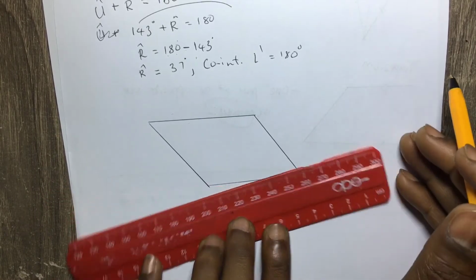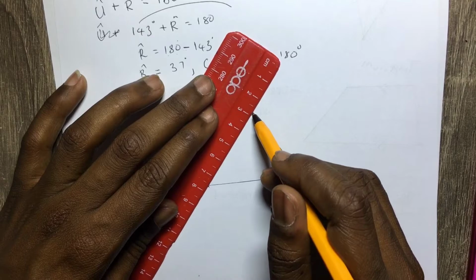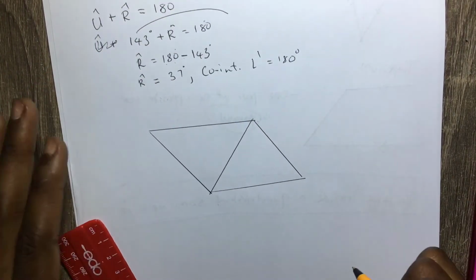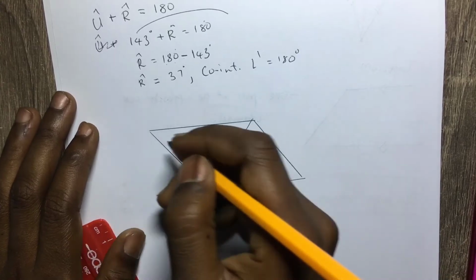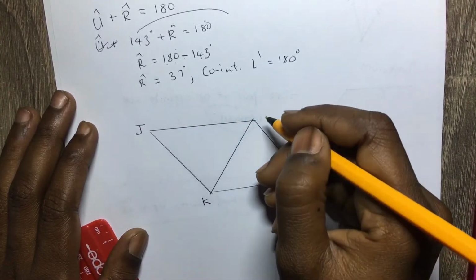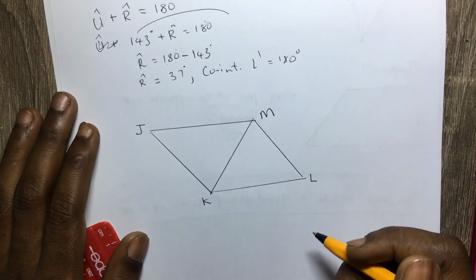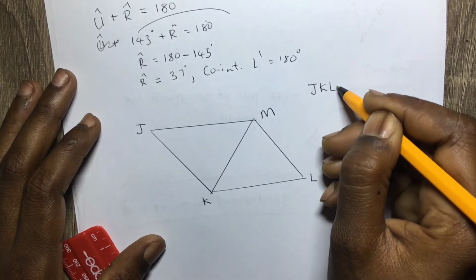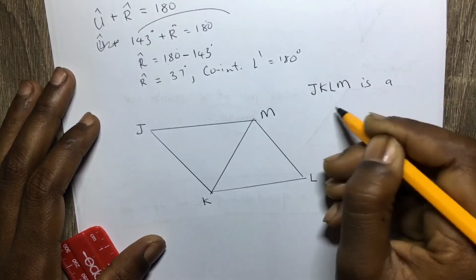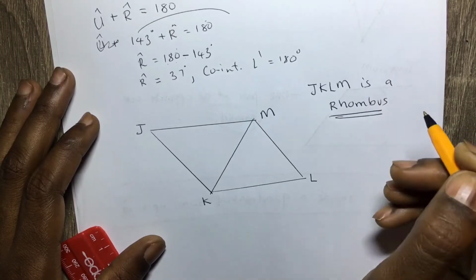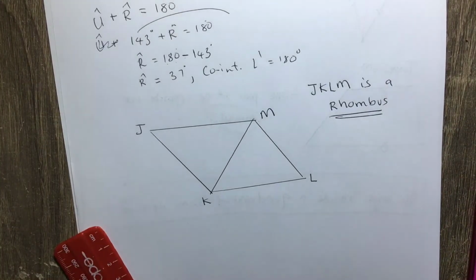Okay, so we have J, K, L, M. They say here JKLM is a rhombus. This statement alone has given us a whole lot of information.